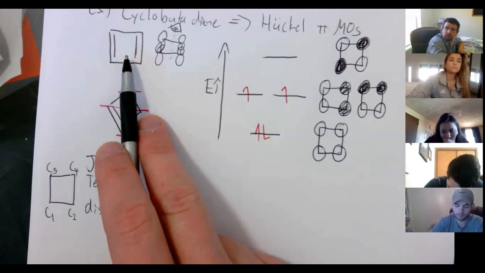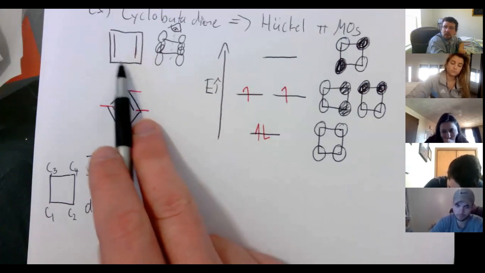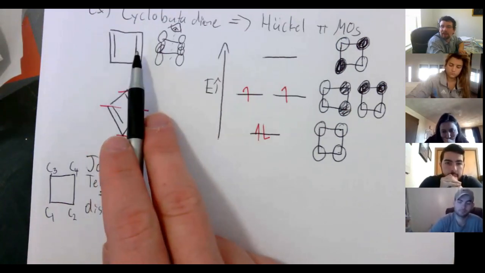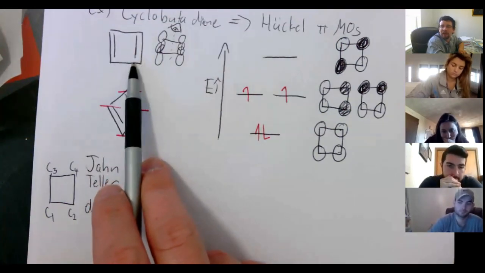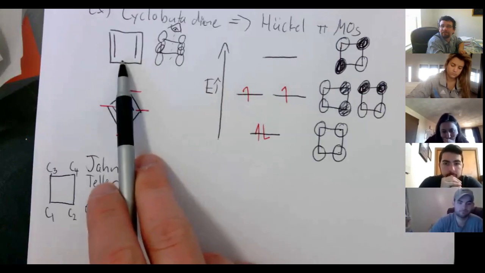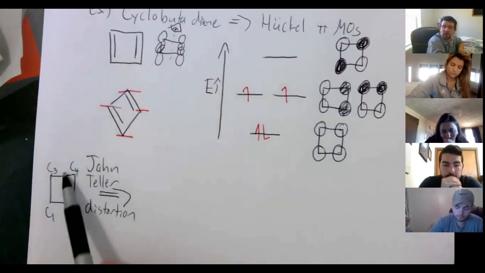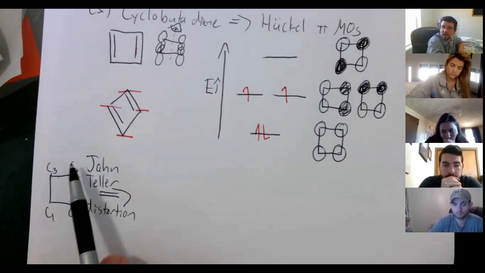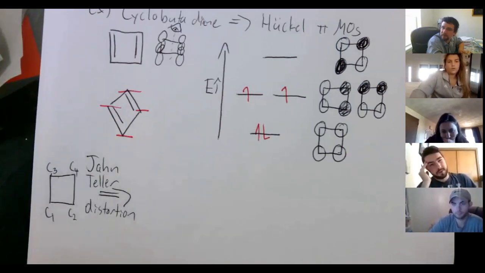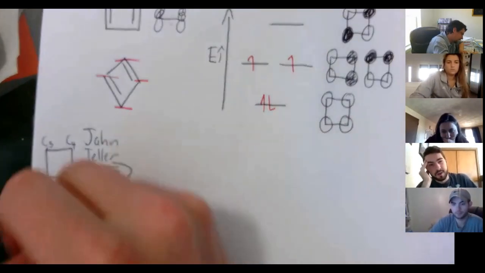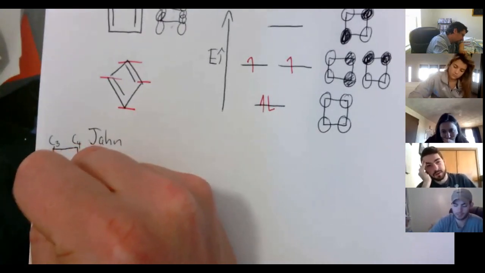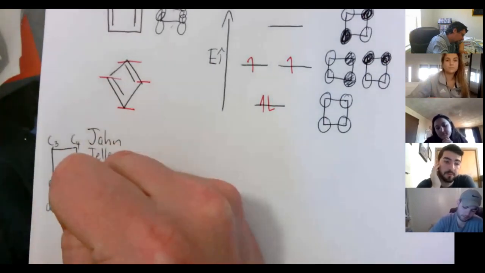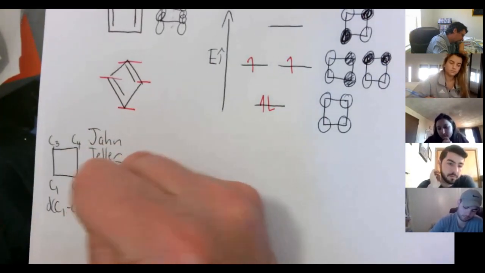Is this C1, C2 distance different than the C2, C4 distance? No, they're all the same. They all have a double bond and a single bond. It's technically aromatic, so all these bonds should be the same.